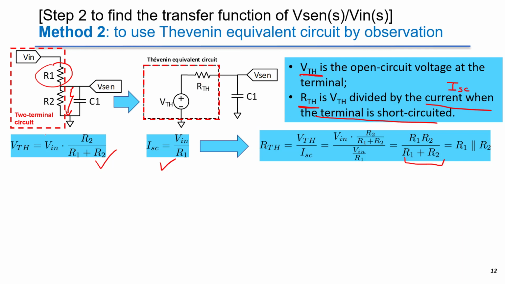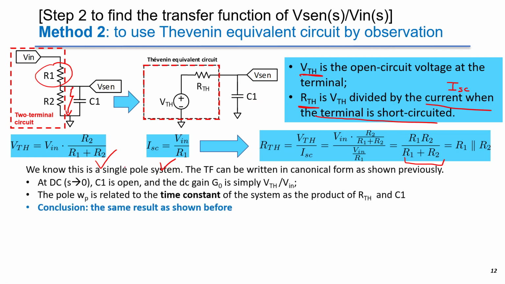So the network in this rectangle can be replaced by the Thevenin equivalent circuit, and then we can study the effect from C1. At DC, that means s equals 0, the capacitor is open. Now we look at this point, so this will be VTH.